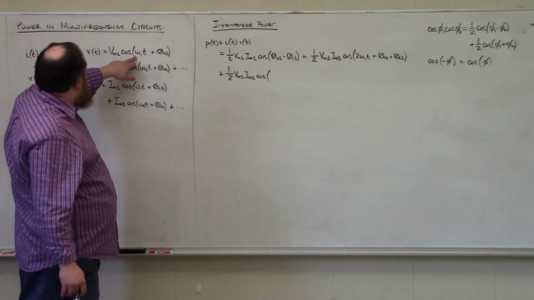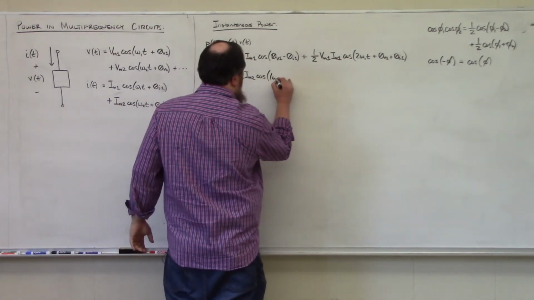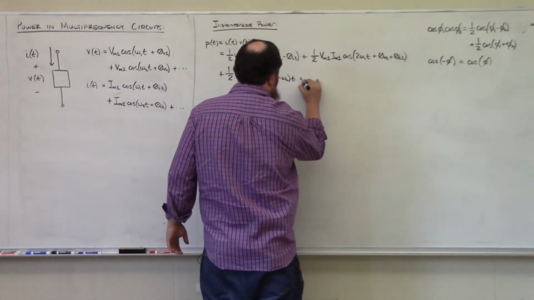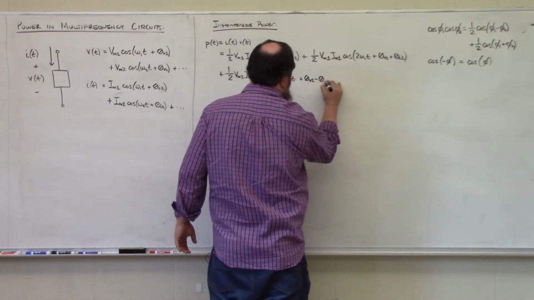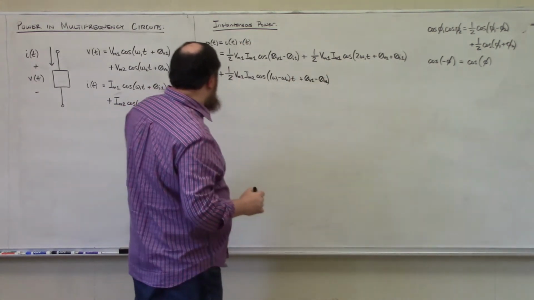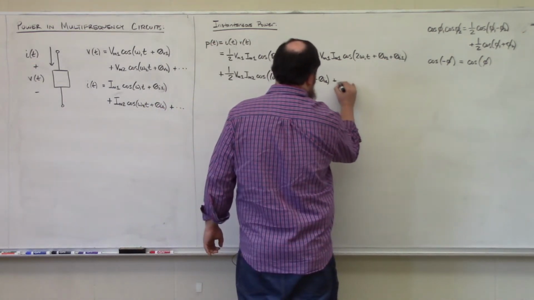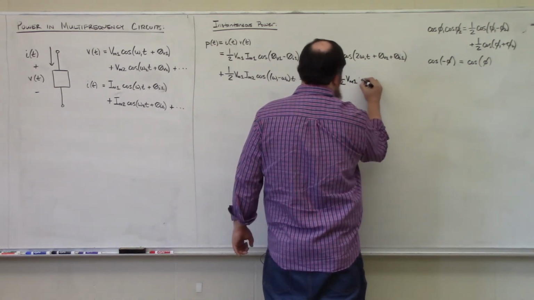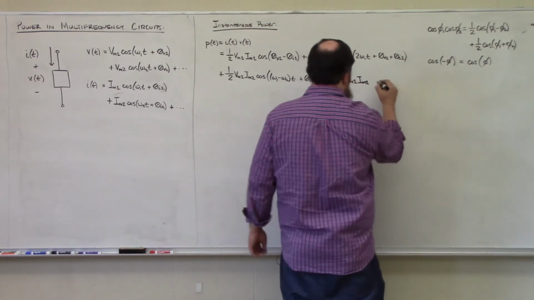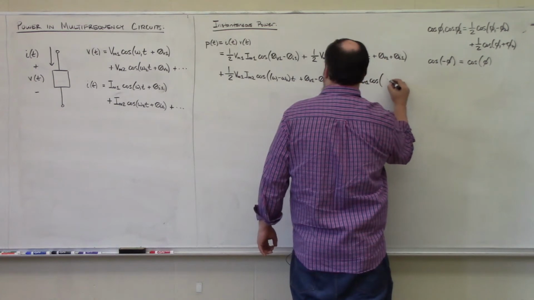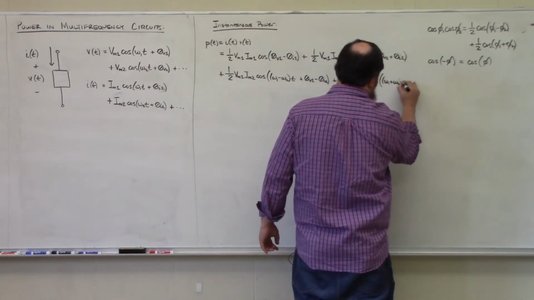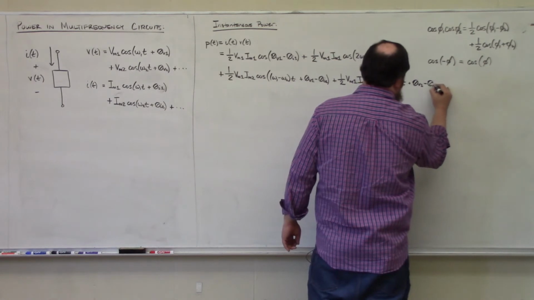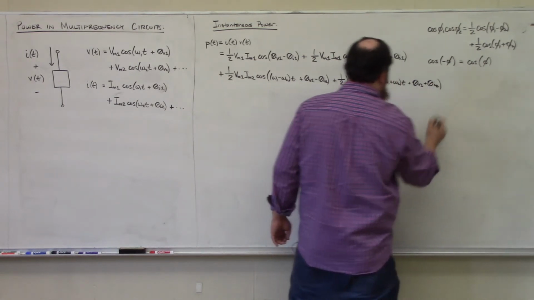So that's going to be omega 1 minus omega 2 t plus theta v1 minus theta I2, plus 1/2 Vm1 Im2 cosine omega 1 plus omega 2 t plus theta v1 plus theta I2.